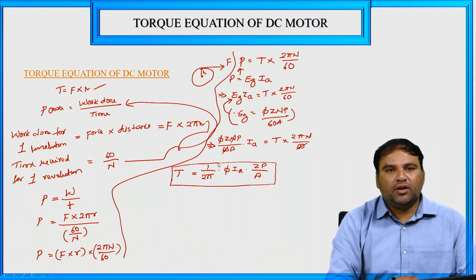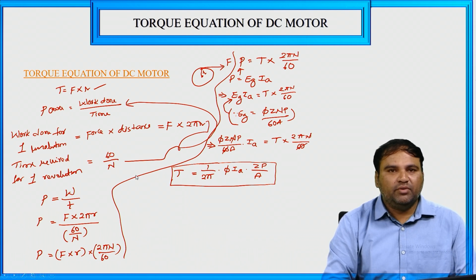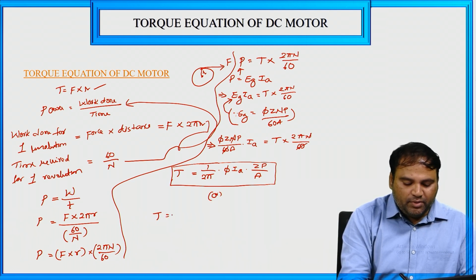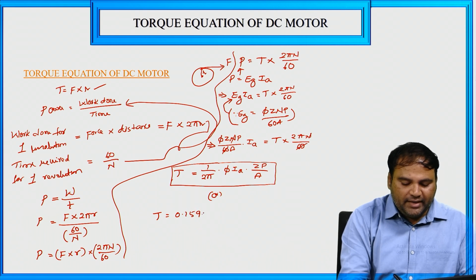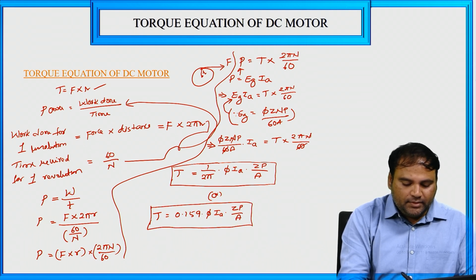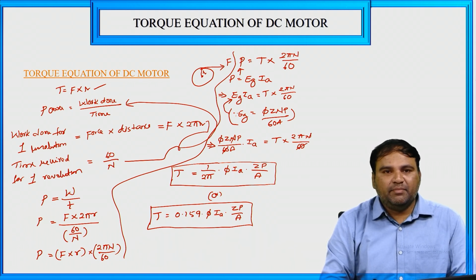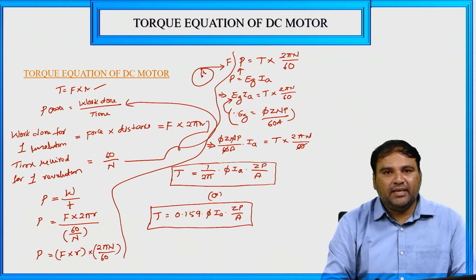Okay, so the torque equation of DC motor is T equal to 1 by 2π into φIa into ZP divided by A, or we can also write T equal to 0.159 into φIa into ZP divided by A. Here is another form of the torque equation, T equal to 0.159 φIa ZP by A, where φ is flux, Ia is the armature current, Z is the total number of conductors, P is the total number of poles, and A is the number of parallel paths.